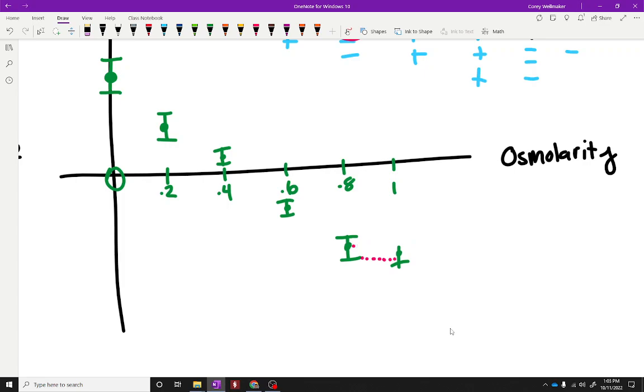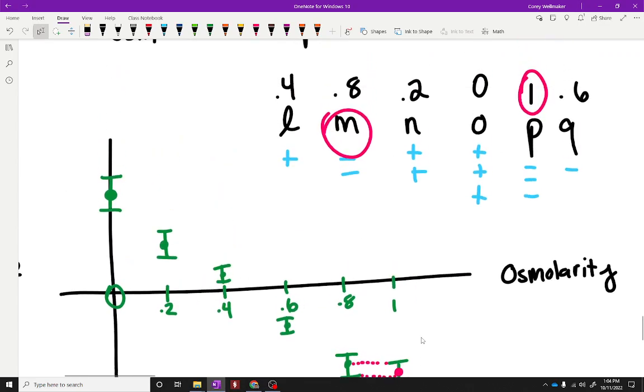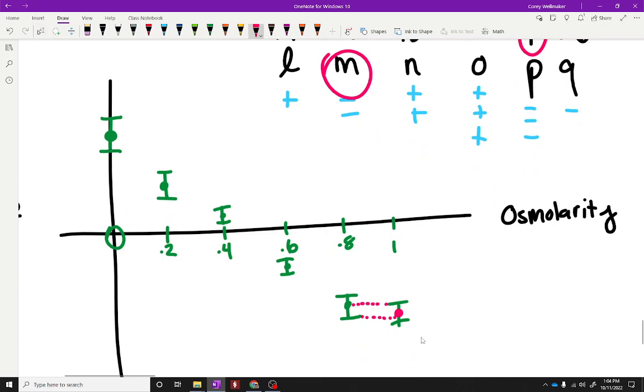So the sample average that we got had a more negative change in mass for P and a less negative change in mass for M. But because the confidence intervals overlap, it's very possible that the true average for M, which is this guy right here, it's possible that the true average for M is all the way down here.